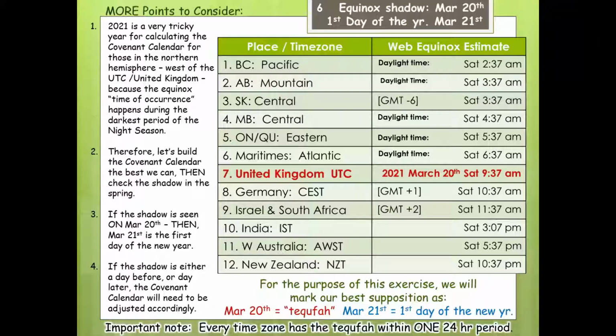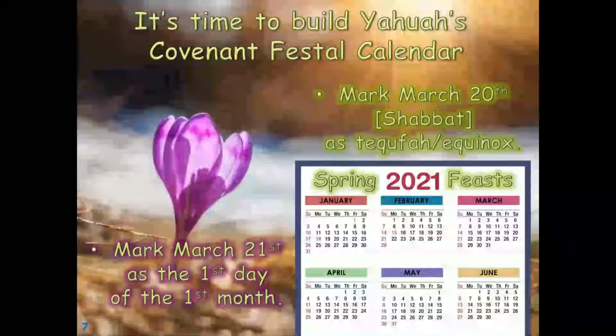So it's not that Australia gets their Tekufa, and a day and a half later we get it. It's within one 24-hour bundle. So that's really important. And like I said, we only have 19 slides, but I think the last 2 aren't teaching slides. So we don't have a lot of slides to go through.